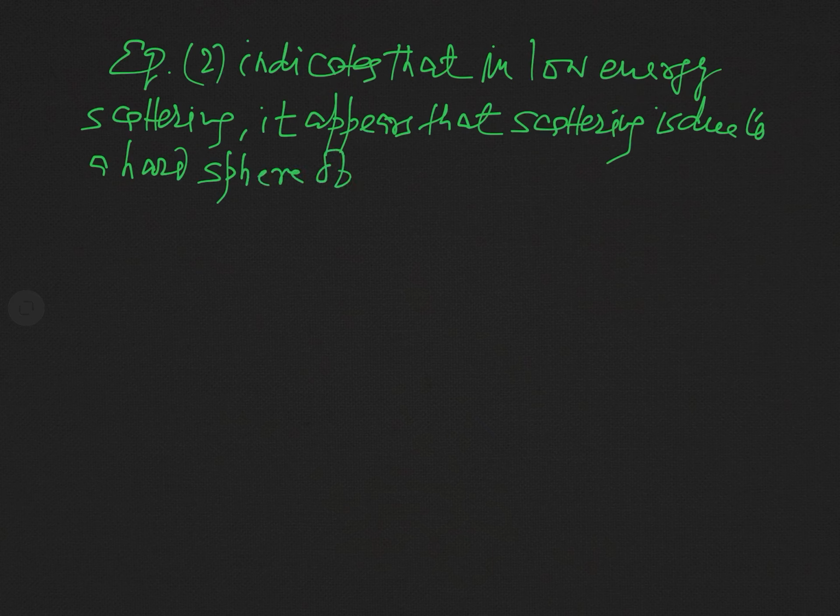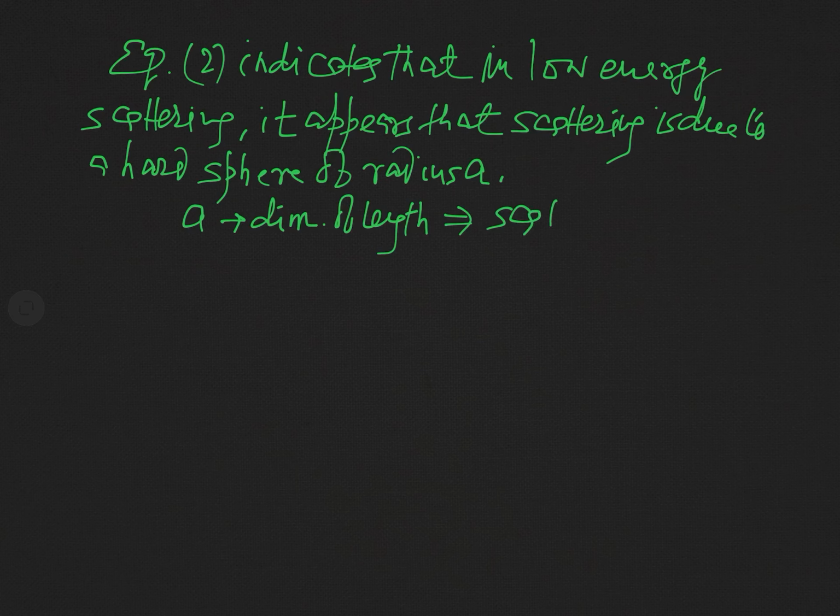The projectile does not in fact penetrate through it. Hard sphere of radius a. So obviously you can see this quantity a has dimension of length, and this is why its name is a scattering length, dimension of length, and this implies its name a scattering length.